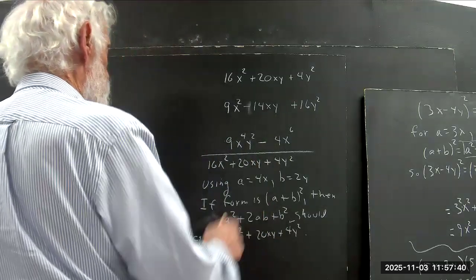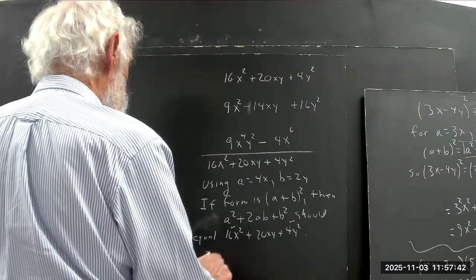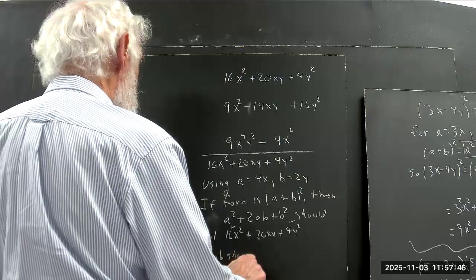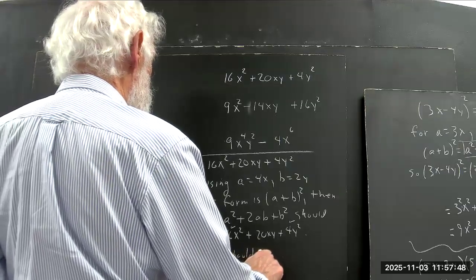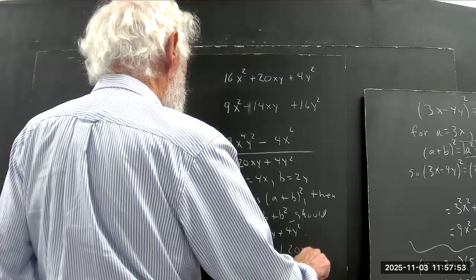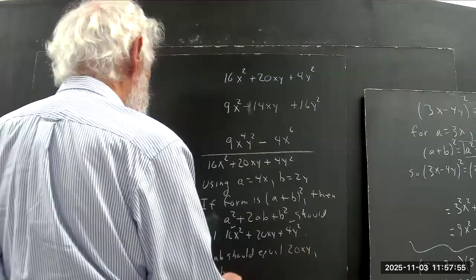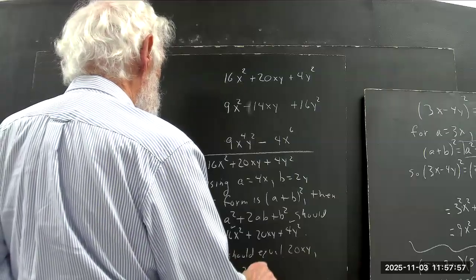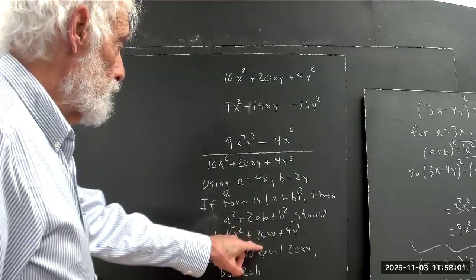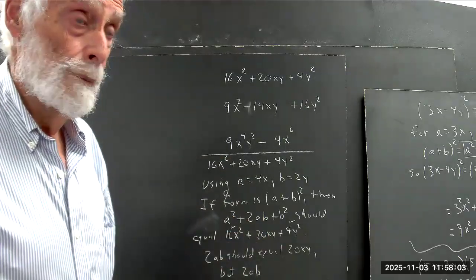And we then have to check your 2AB, which should then equal 20xy.